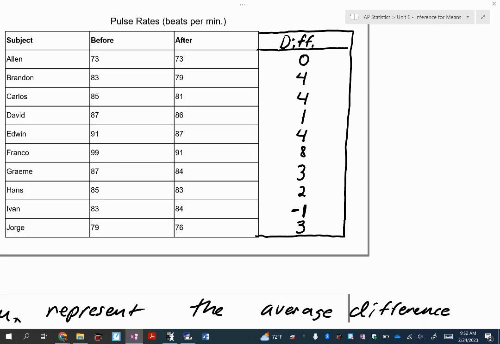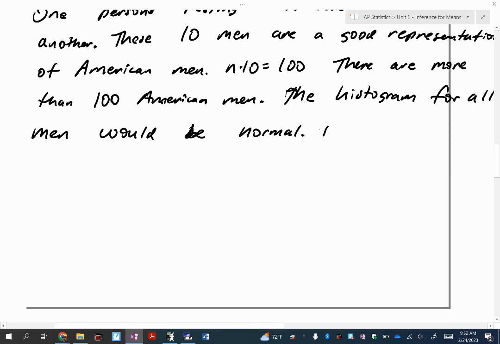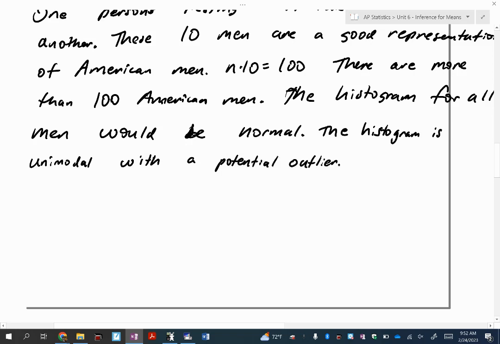So anyway, I'm going to note that it is unimodal. So the histogram, and I'll sketch it here in a moment. I'm actually going to write a potential outlier, because isn't Franco double the other highest ones?